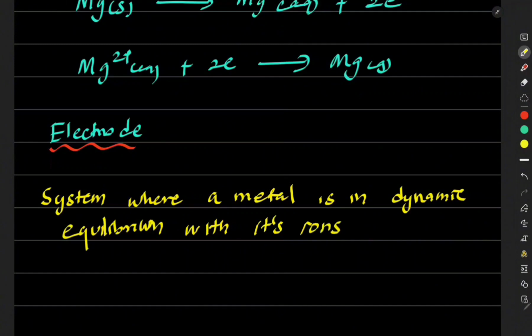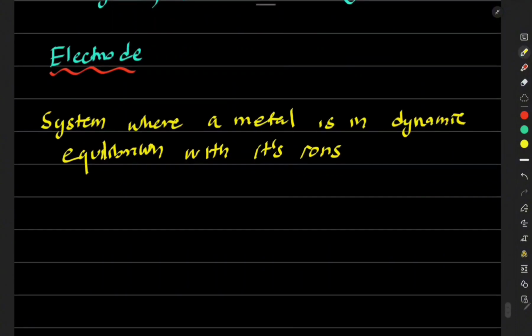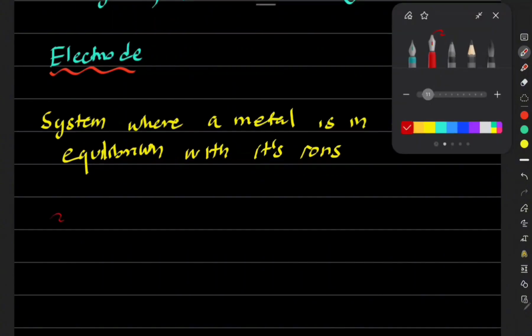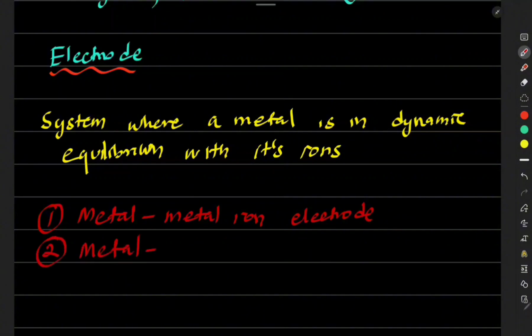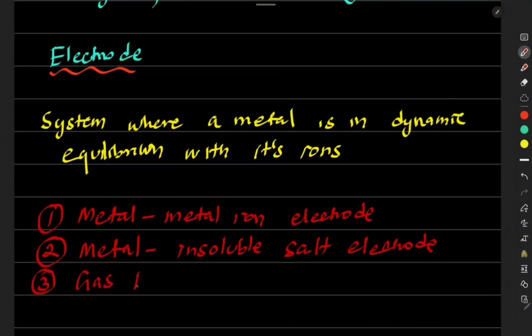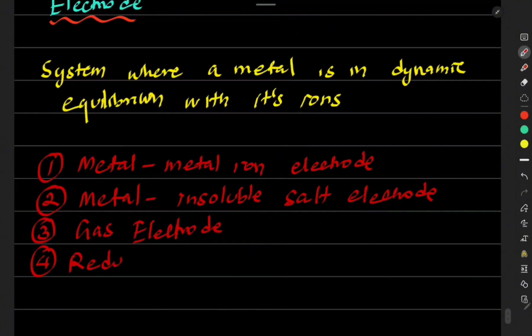In our syllabus we have 4 types of electrodes. The first electrode is the metal and metal ion electrode, the second one is the metal insoluble salt electrode, the third one is the gas electrode, and the fourth one is the redox electrode.